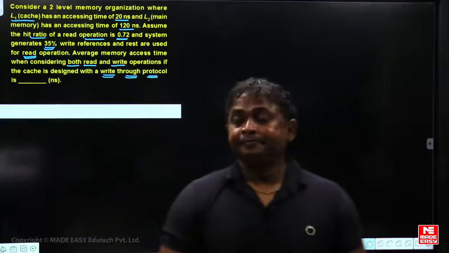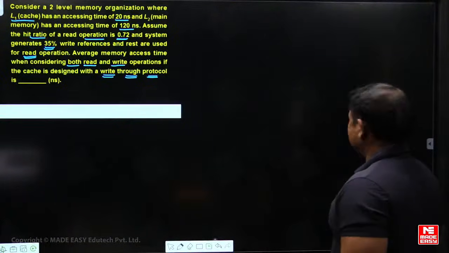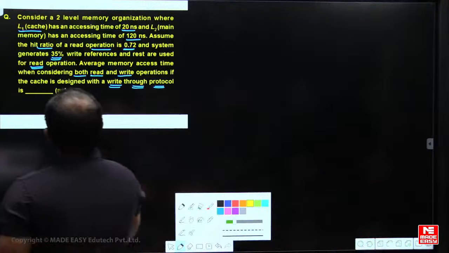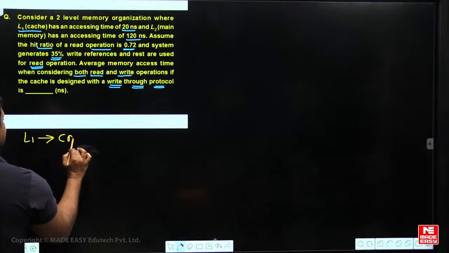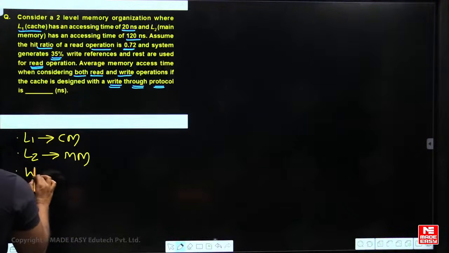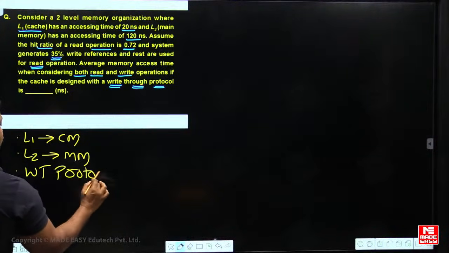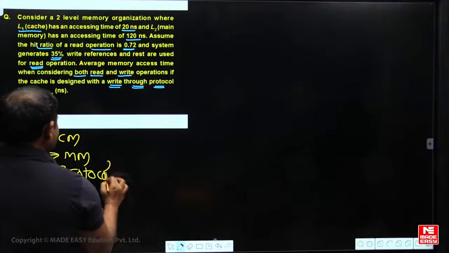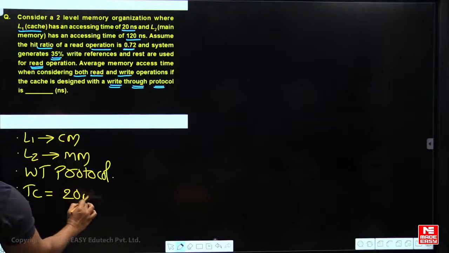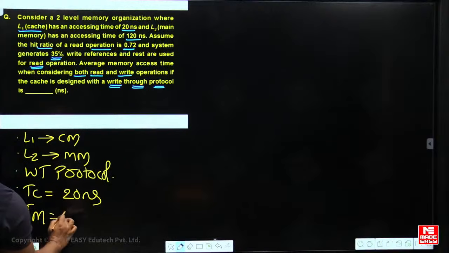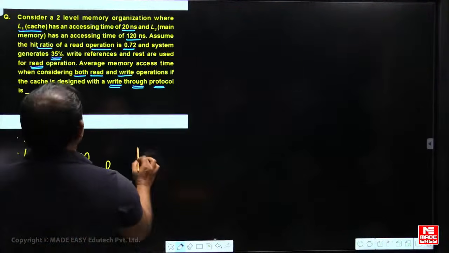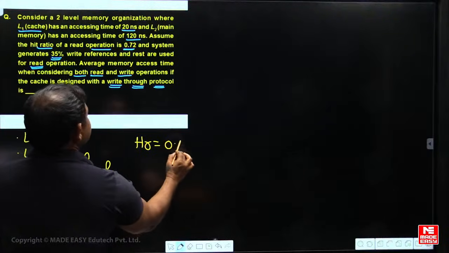What is the answer? Here, two-level memory is already given. Level 1 memory is cache memory, level 2 memory is main memory. Later, write through protocol is given. Then TC, access time 20 nanoseconds, is given. TM, access time of main memory 120 nanoseconds, is given. Then hit ratio of read 0.72 is given.